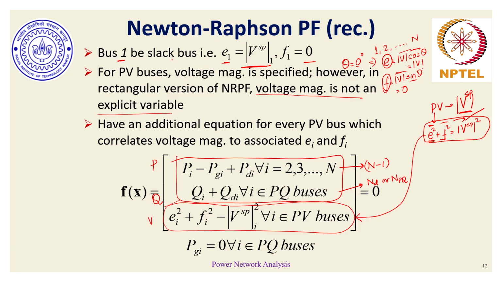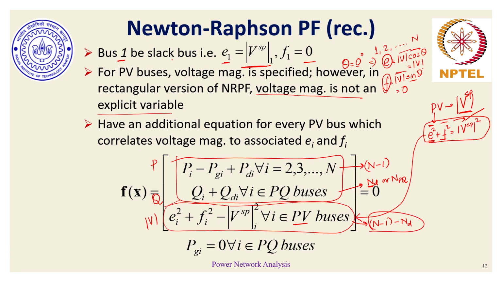And then we have voltage magnitude expressions pertaining only to PV buses, so this number is n-1 minus NPQ. Here n-1 is the number of buses except the slack bus, and if we subtract the number of PQ buses, we have the number of voltage equations.